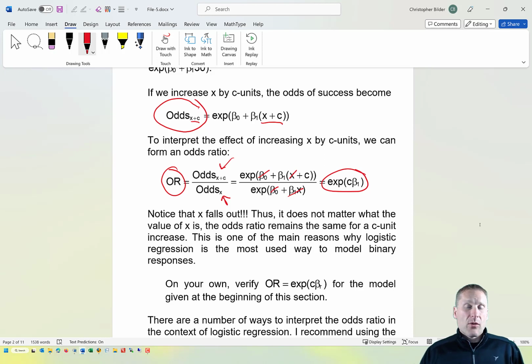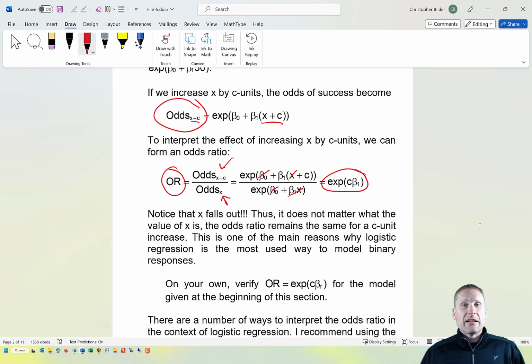It doesn't matter what the actual numerical value of x is. The only thing that matters is the c. What is the unit increase that you're looking at? In that last example, 10 yards. That's the only thing that matters.